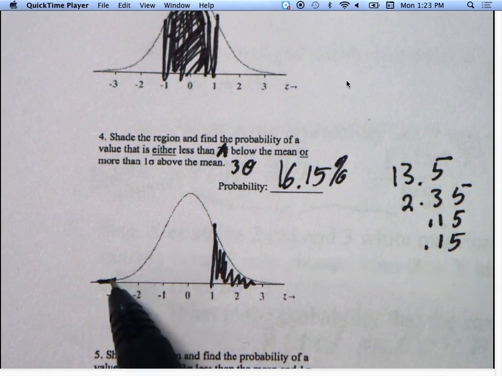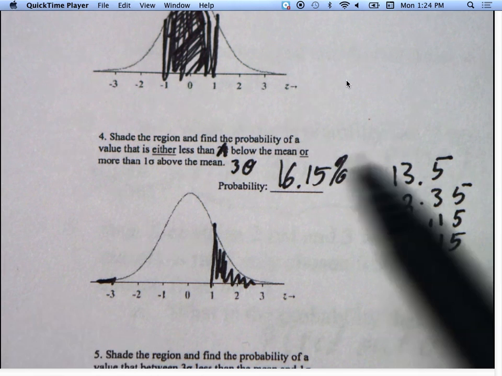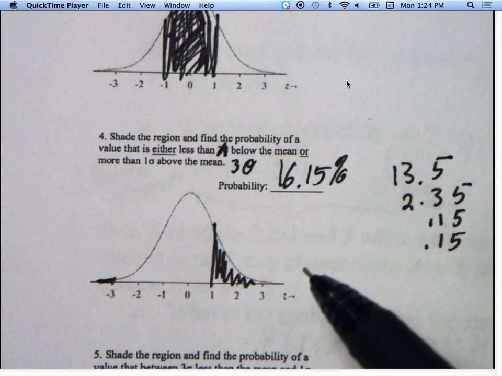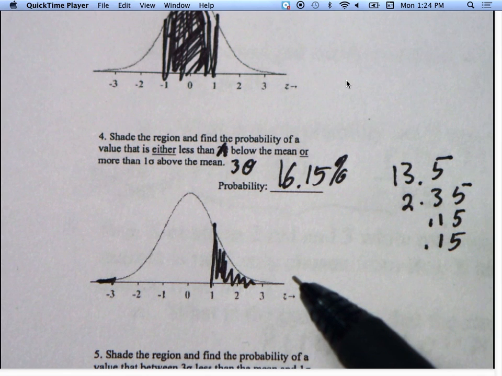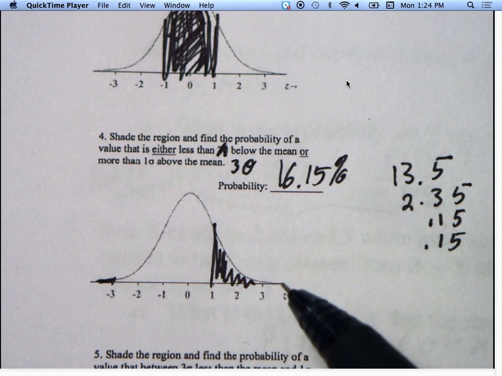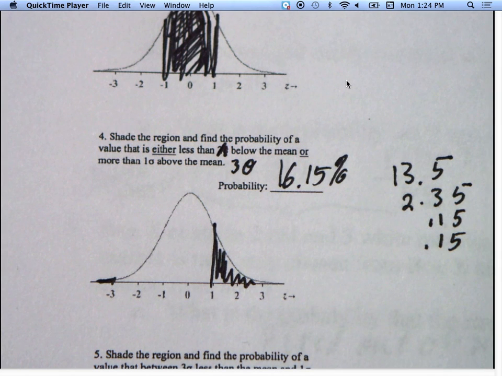So, 3 or below. No, because that would be above. Because -4 is less than -3, right? -2 is bigger than -3. These two areas.